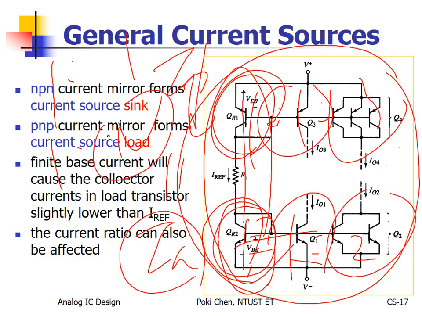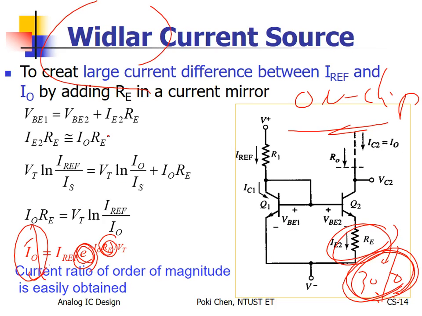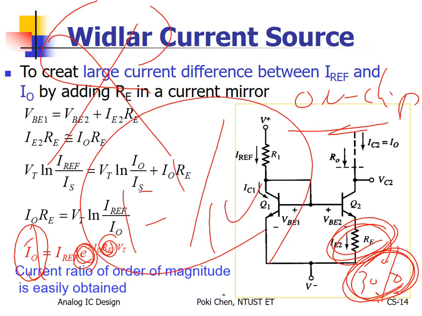It means right now we only told you the way to generate larger current sources. How about smaller ones? Just like this? I told you, it's no good. Inaccuracy, you will cause a lot of mismatch like this. So how to generate, for example, this one, 1 to 1 over n.